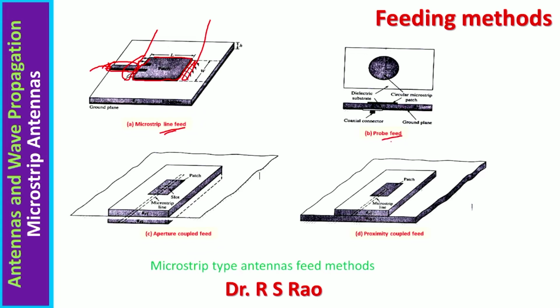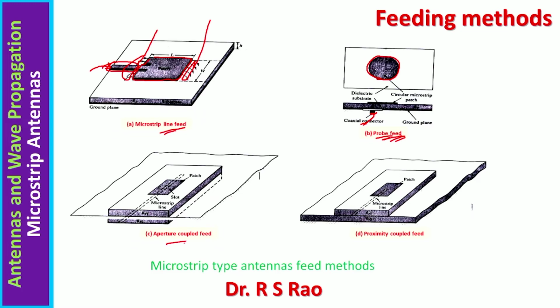In B is shown probe feed. Here is a circular microstrip patch. Through a coax, it is fed. Here is the connector. The feed line is connected to the connector, and this connector is directly in contact with the patch. So these two are contacting type.